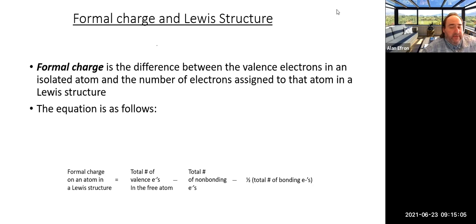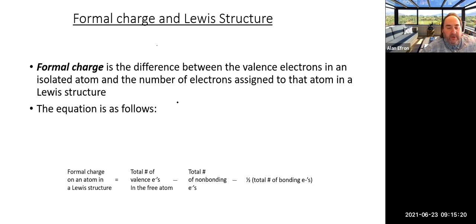The formal charge is really the difference between the valence electrons in the isolated atom and the electrons which they are sharing in your structure. To calculate the formal charge, we use the formula that we see on the bottom.